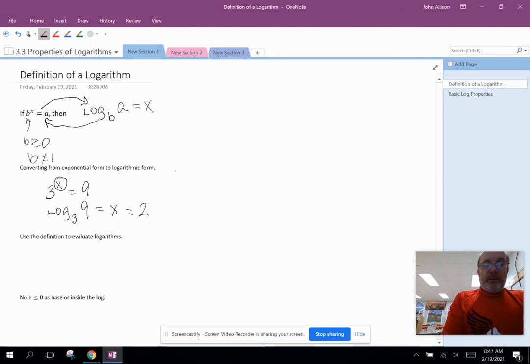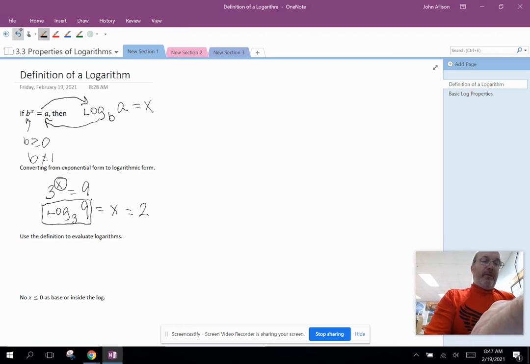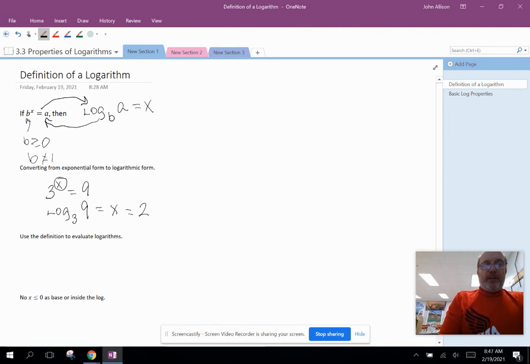I'm getting ahead of myself. We're going to evaluate in just a little bit. Let's just convert for now. If I have a to the x equals 7, then we can convert that to logarithmic form and say log base a of 7 equals x.